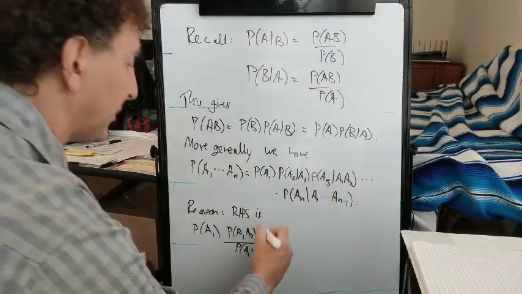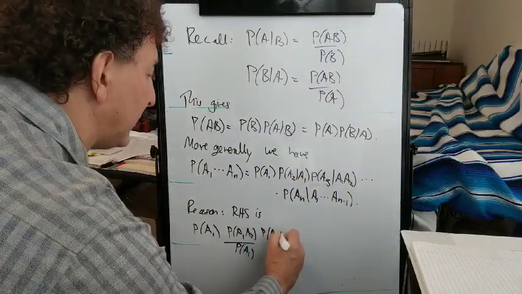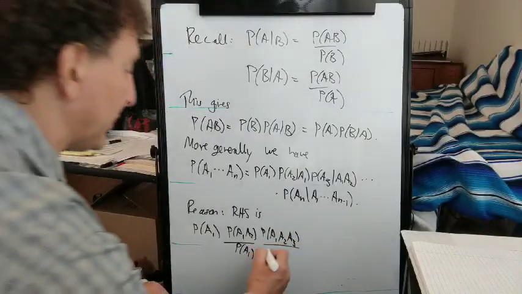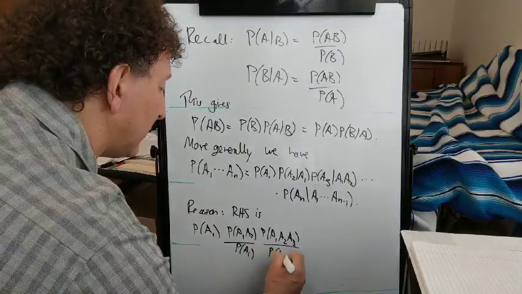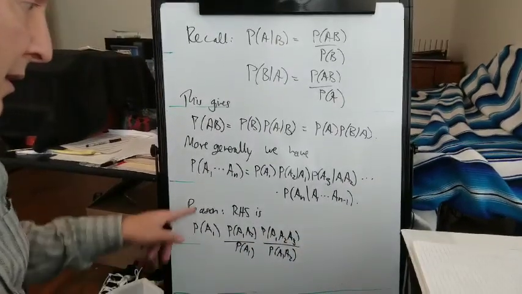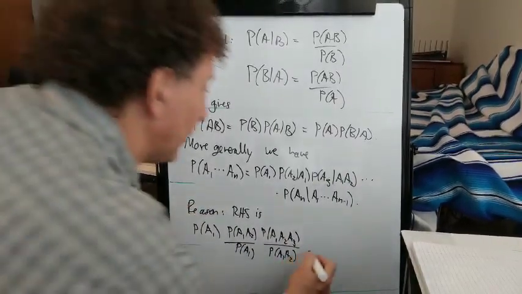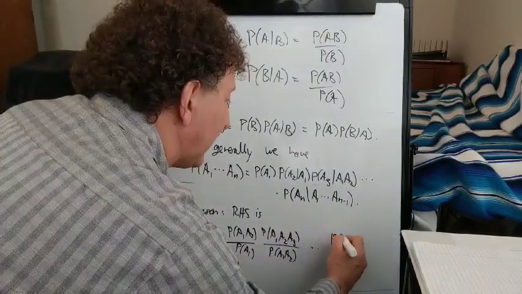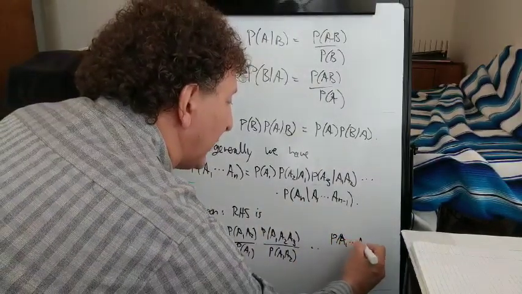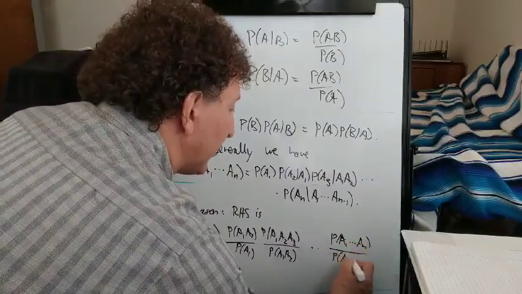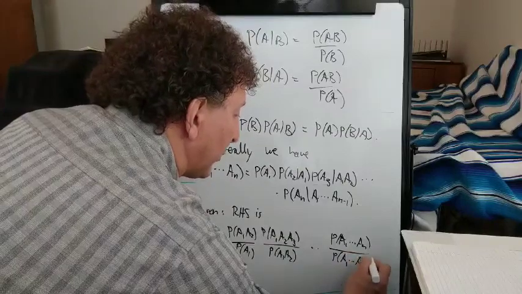Then this is probability of A1, A2, and A3 divided by probability of A1 and A2. And we can continue on, and then eventually we have probability of A1 through AN given A1 through AN minus 1.